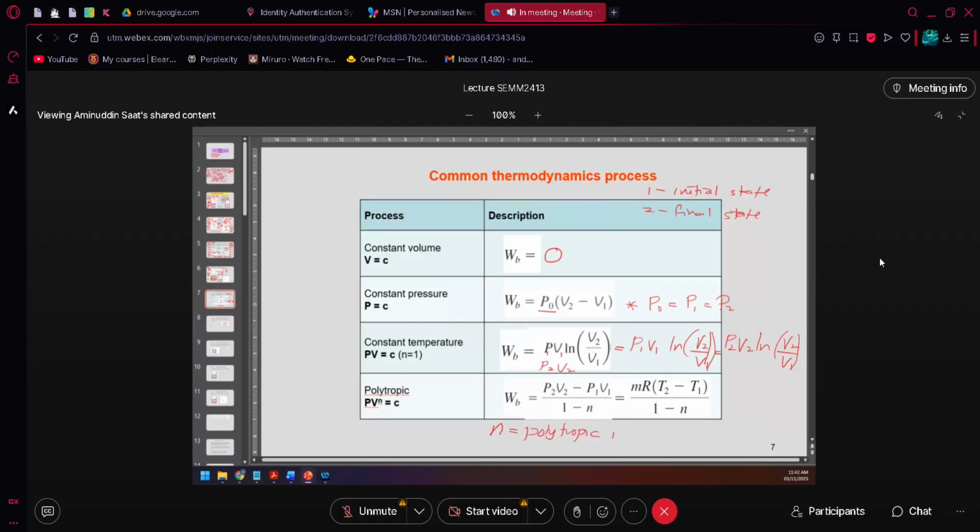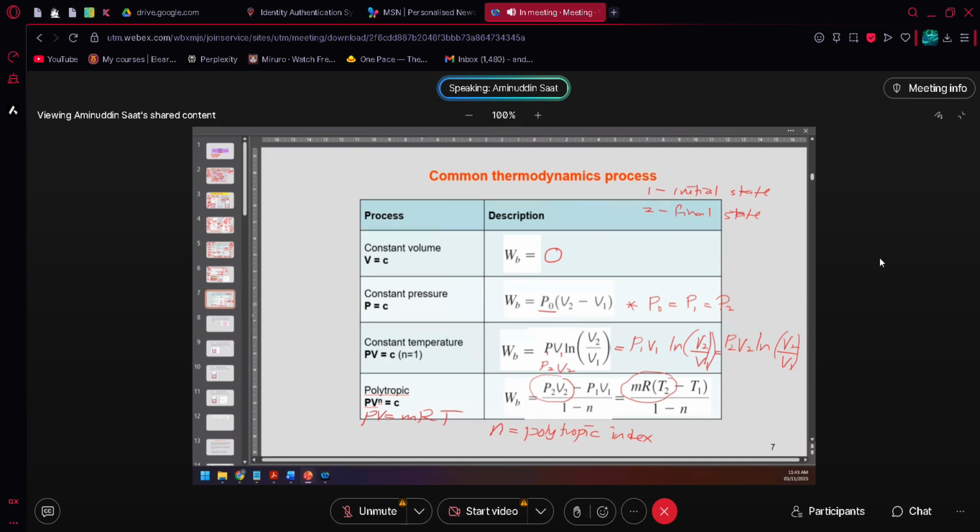Normally, it can be given in a problem, or you can find it from the calculation. You know that PV equals mRT, so you can replace the PV term with the mRT term. That's why you can use these two equations. If you don't have PV but you have the T value, then you can use mRT2 minus mRT1.